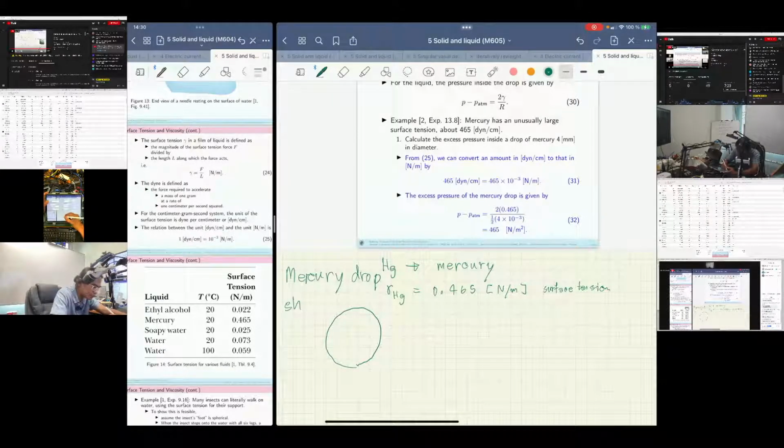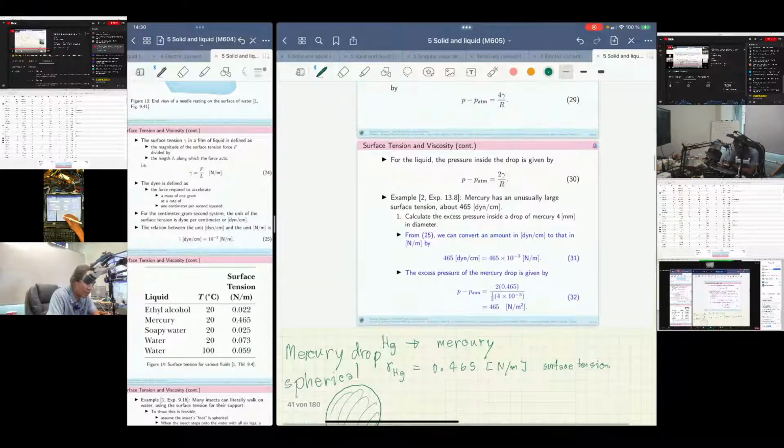It's spherical, the ideal case. It's a fluid drop, so there is no air at all. It's filled with mercury inside, it's not air.